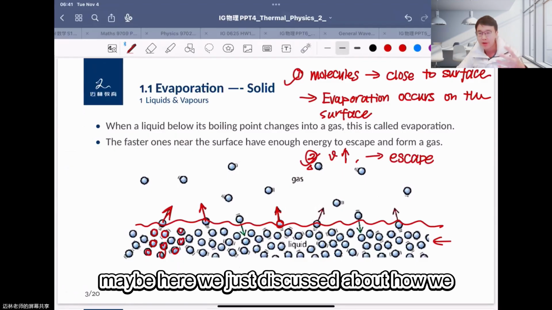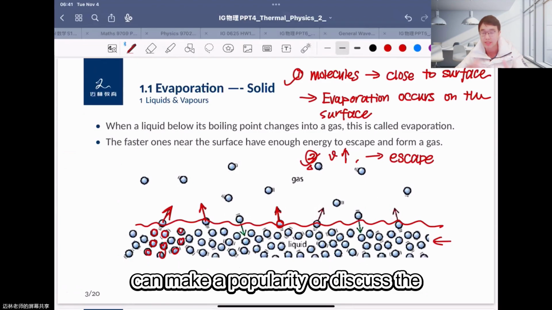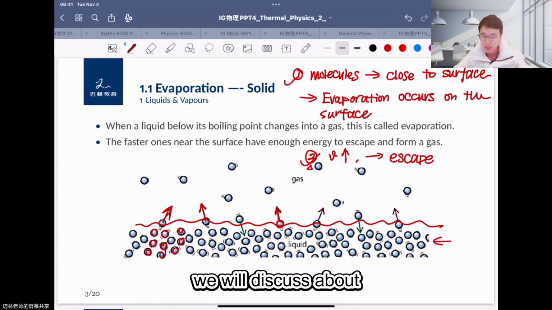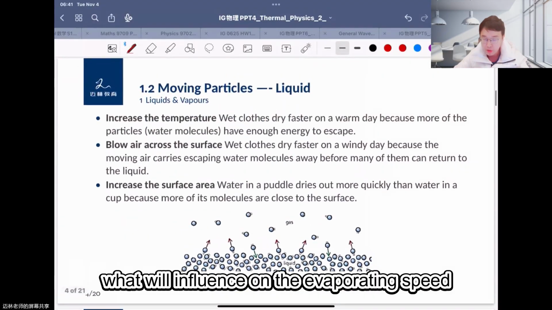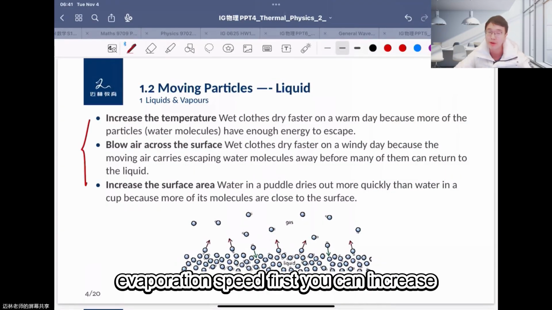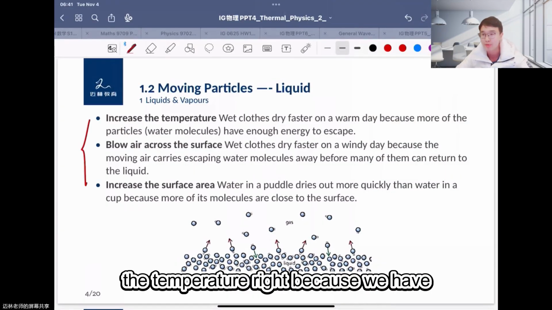And here we just discussed the properties of evaporation. Next we will discuss what influences the evaporation speed, okay? So there are three ways to increase the evaporation speed. First, you can increase the temperature, right?